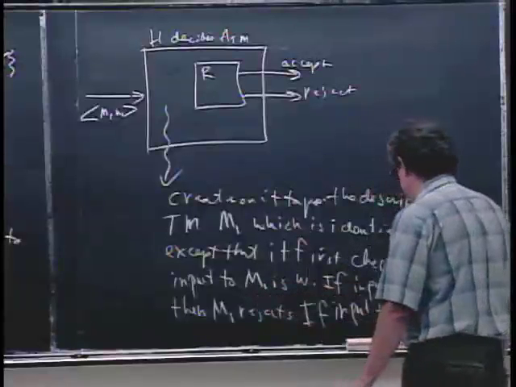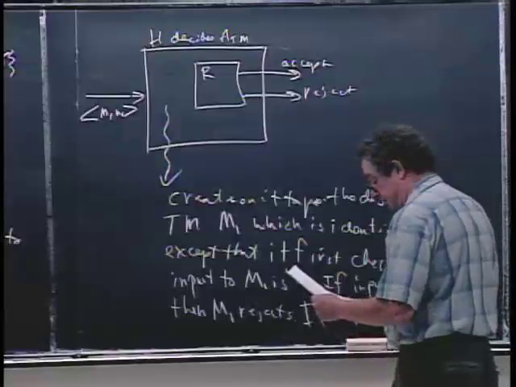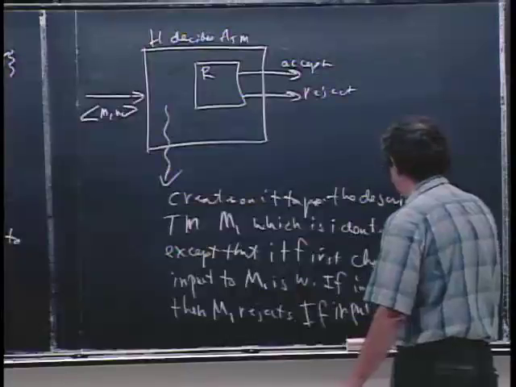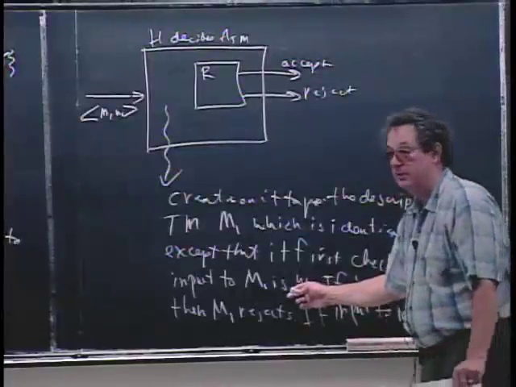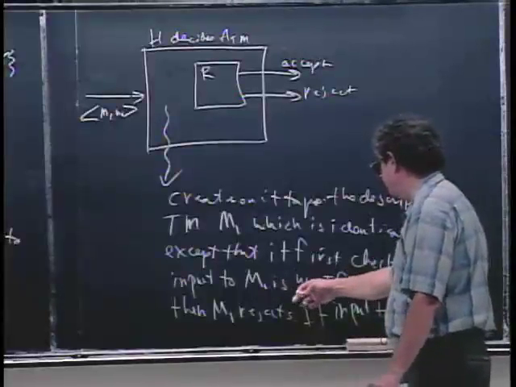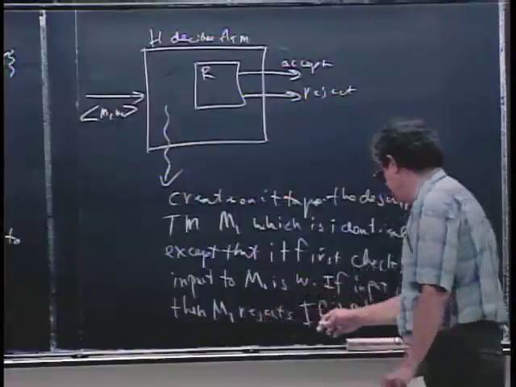And the Turing machine M1 is identical to M, except that the first thing it does is it looks at its input, and if its input is not W, then it rejects.